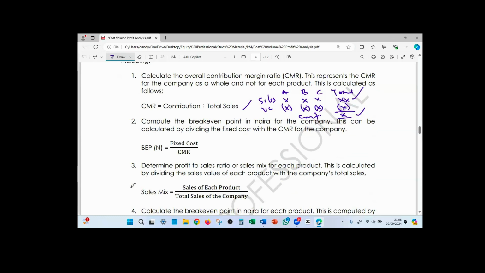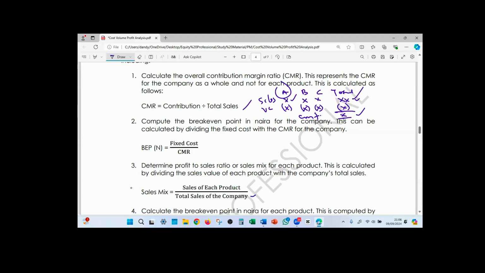For example, based on the hypothetical figures that I put on the screen, if I want to calculate sales mix for product A, I will pick the sales value of product A and divide it by total sales value. So that will give me the sales mix of product A. I will do the same thing for B and C. That's what I'm saying here, sales of each product divided by total sales of the company. So that's what you need to do in step 3.